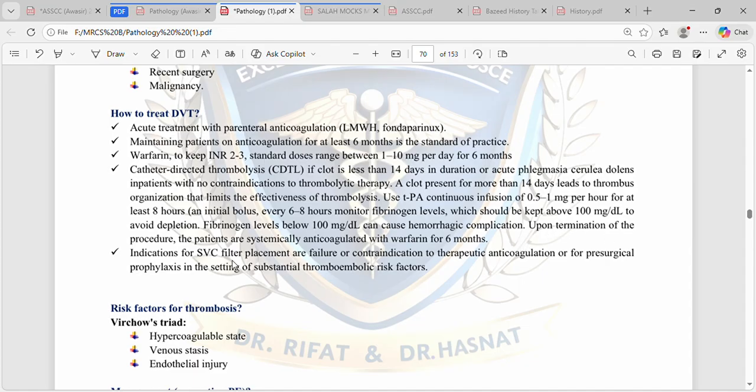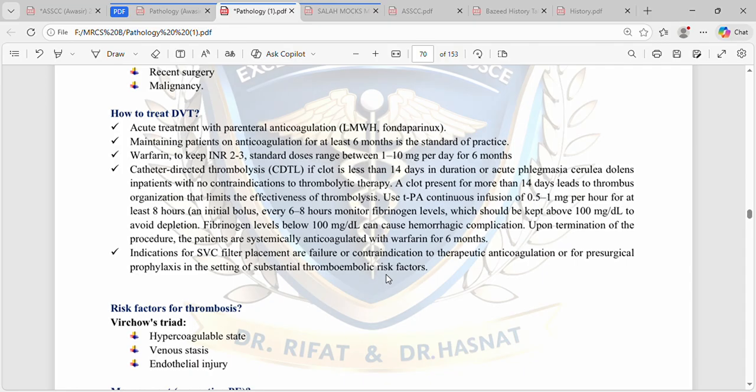Upon termination of the procedure, such as catheter directed tPA, the patients are systemically anticoagulated with warfarin for 6 months. The indication for superior vena cava filter placement is failure of or contraindication to therapeutic anticoagulation.